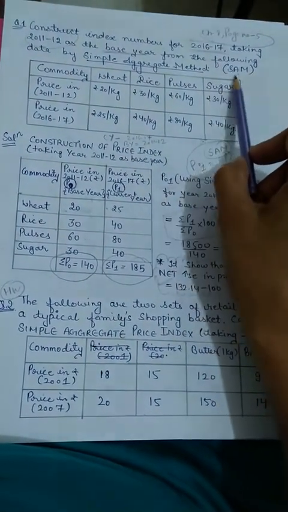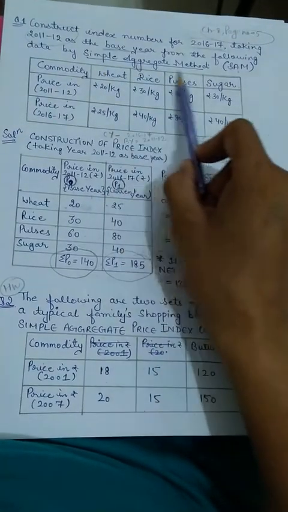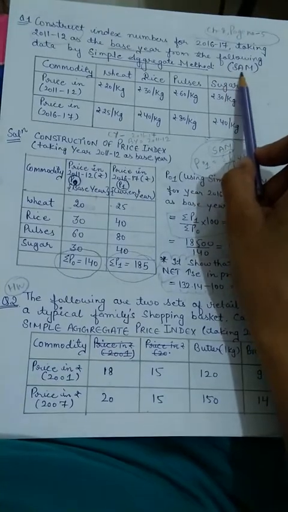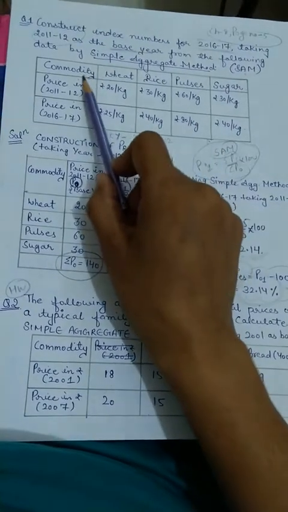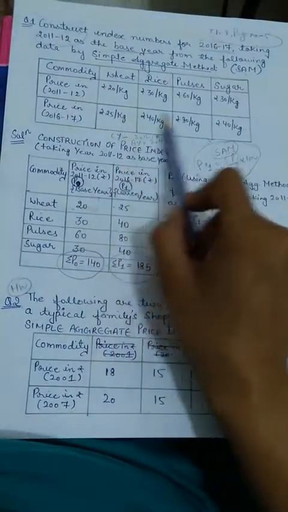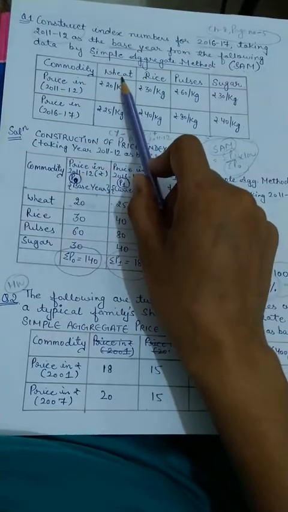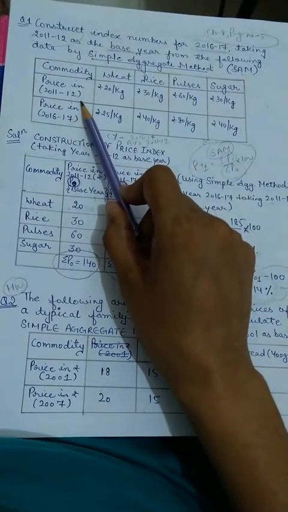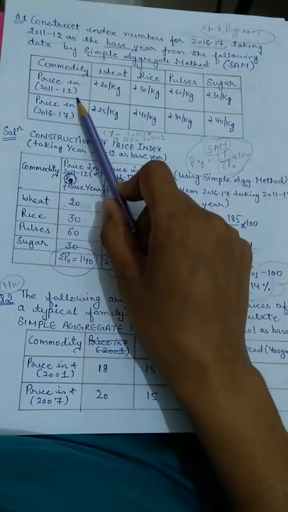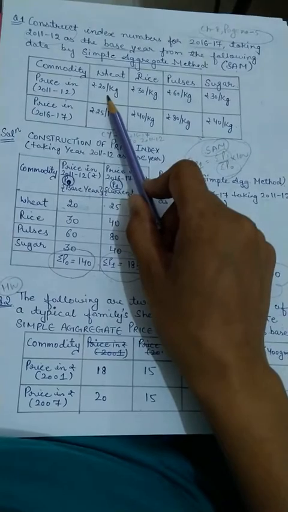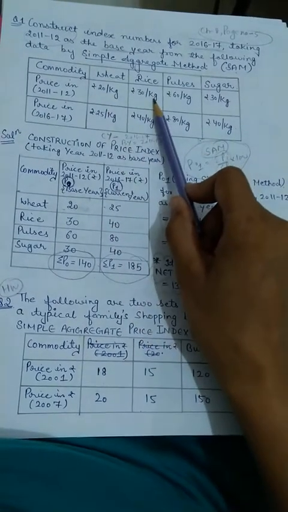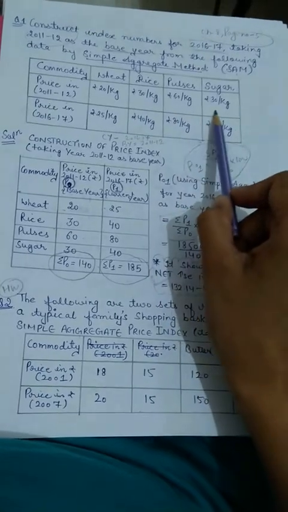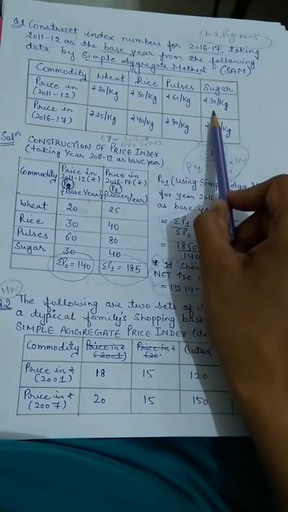In short form, I have arranged it like simple aggregate method is SAM. Like this, a data will be given to you all, that is commodity, weight, rice, pulses and sugars. Here are given to you the prices of 2011 and 12, that is rupees 20 per kg, rupees 30 per kg, rupees 60 per kg and rupees 30 per kg.